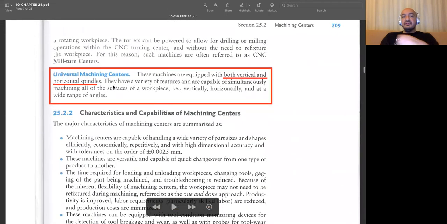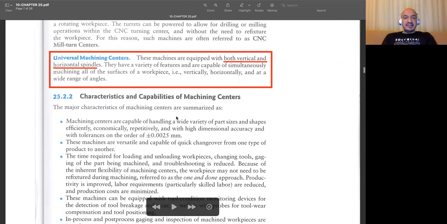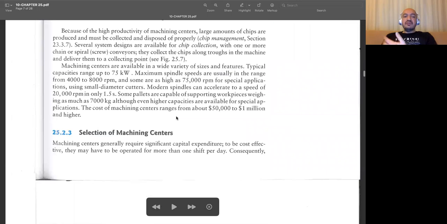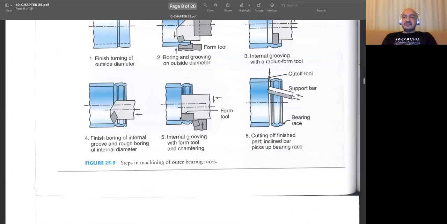If you have a universal machining center, that means you are using vertical and horizontal spindles at the same time, maybe even on the machining of the same part. With the help of them, manufacturing time can be decreased and your overall efficiency can be improved.